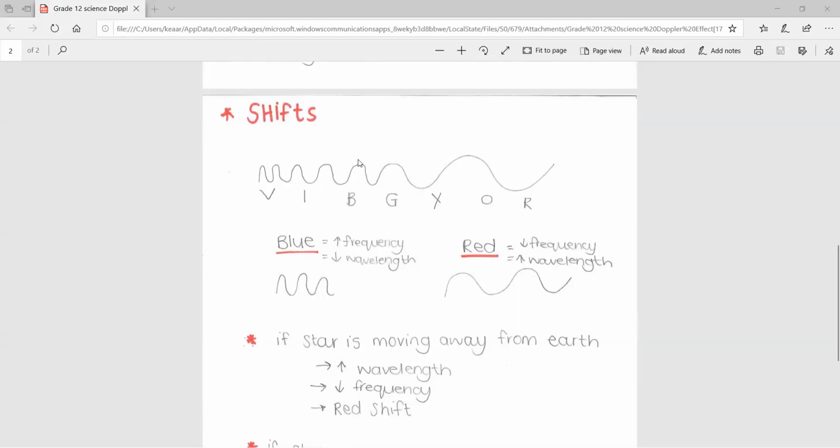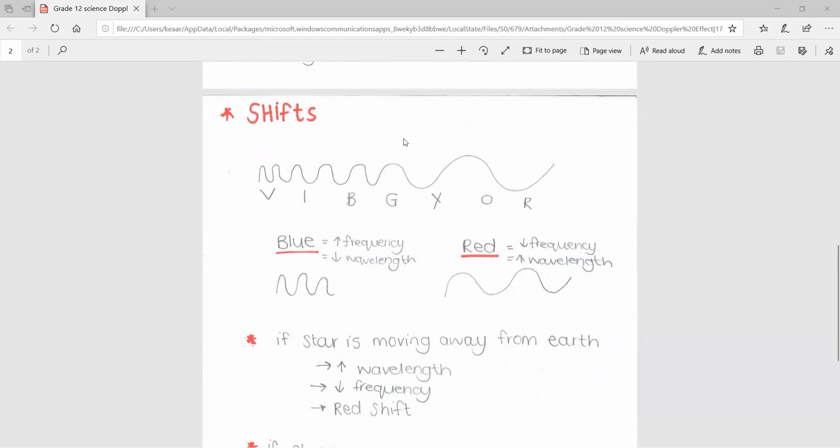If we look at this over here, this shows the different wavelengths for each color. We start at red, moving to orange, to yellow, to green, to blue, to indigo, to violet. At red, we have a very high wavelength, but a low frequency. And this changes to ultimately become a low wavelength with a high frequency.